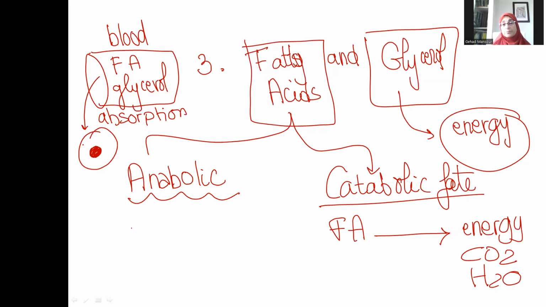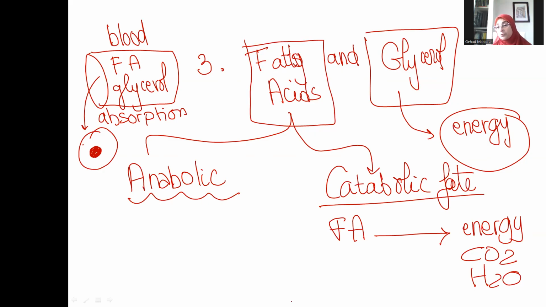But as we said before, the body does not refer to breaking down fatty acids unless all the sources of glucose are depleted. Not only glucose, but even glycogen inside the liver. So you first finish your glucose, and then you refer to your glycogen in the liver and muscles and convert them into glucose.